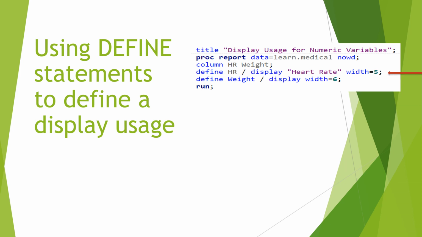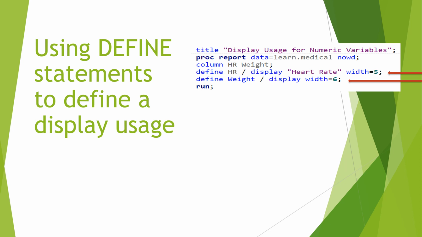Several things have been added to this program. First, notice that there is now a define statement for each of the two numeric variables. Each attribute for the variables is entered as an option in the define statement. Thus, they follow a slash after the variable name. The define option display is an instruction to produce a detailed listing of all the observations.